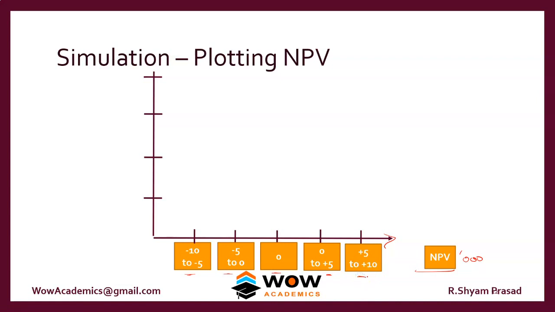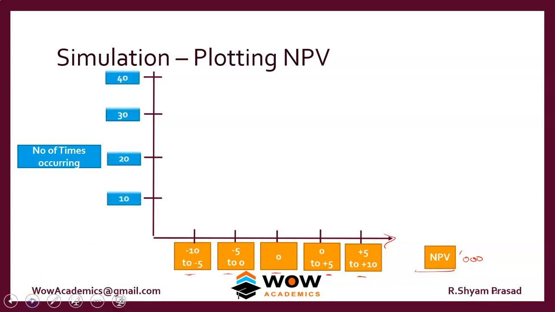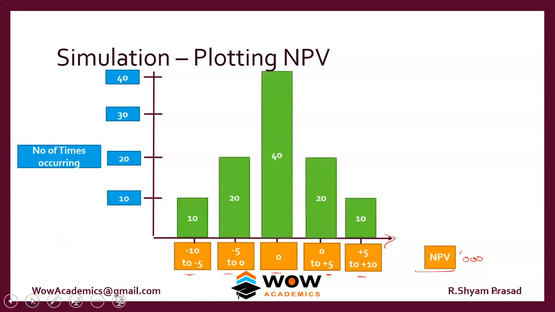So we have got the NPVs, and the number of times they are occurring. If they are occurring 10 times, 20 times, 30 times or 40 times, we have a range of frequencies. For example, we have done the NPV analysis 100 times.